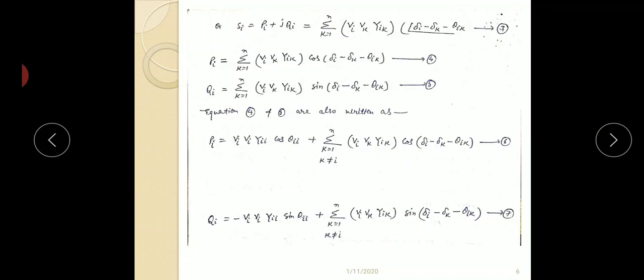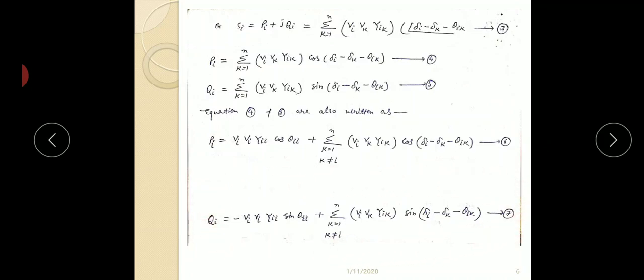If we separate real and imaginary, then we have real power Pi by equation number 4 and reactive power Qi by equation number 5. These equations 4 and 5 are also written as equation number 6 and equation number 7.